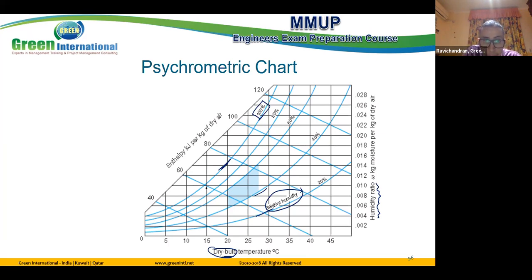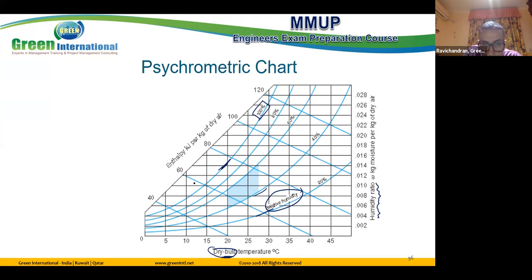Actually, for enthalpy, if the curved line is already drawn in the figure, normally wet bulb is not presented. I'll tell you why. Because the lines are almost parallel, so we can't make a separation between these two.